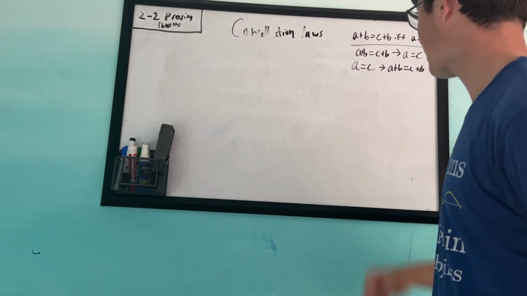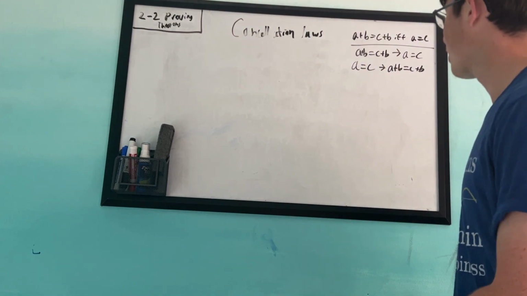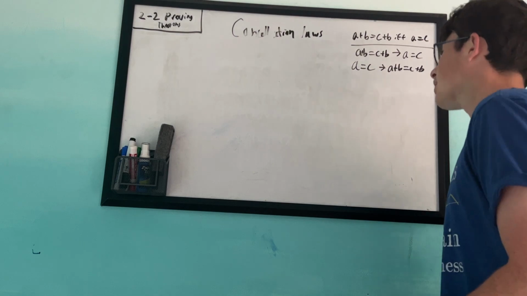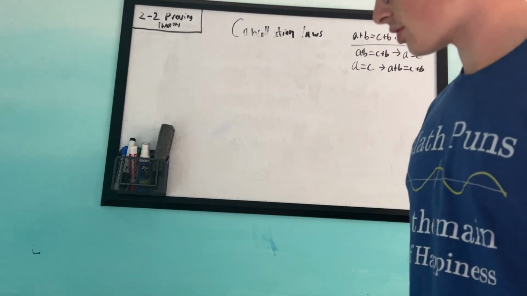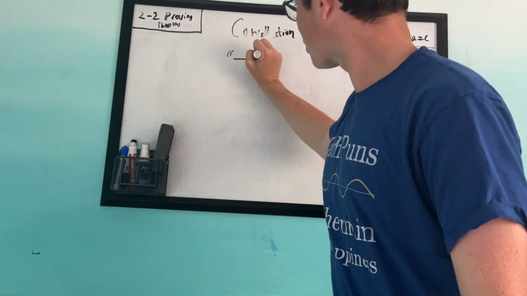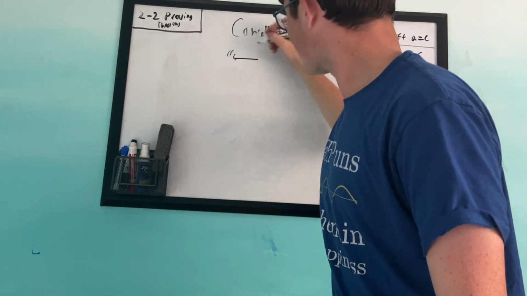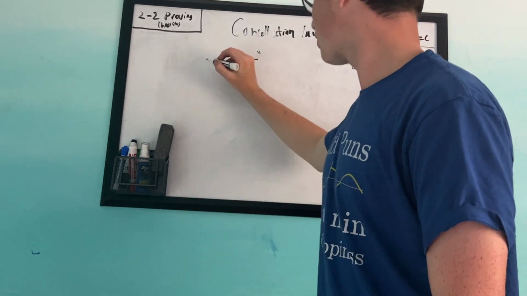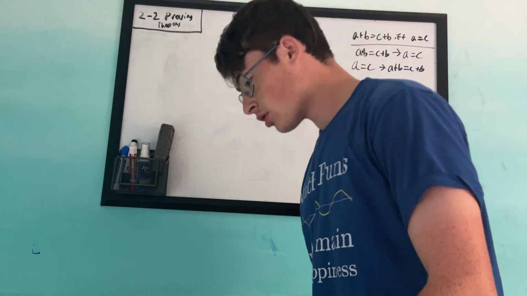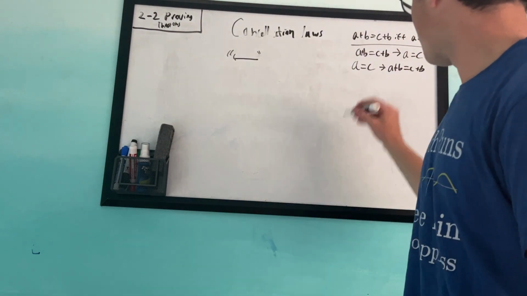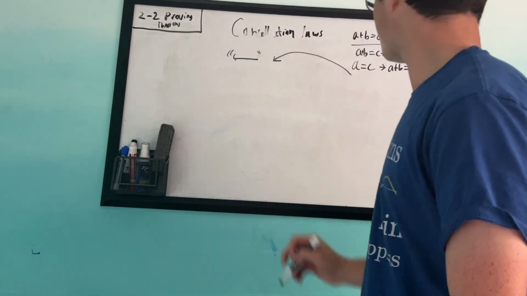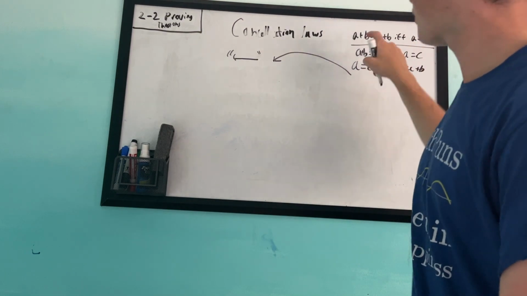It's easier in my opinion. A equals C, then A plus B equals C plus B, and we'll call this the left arrow proof. So the left arrow proof would be this right over here, because it's going from over here to over here.